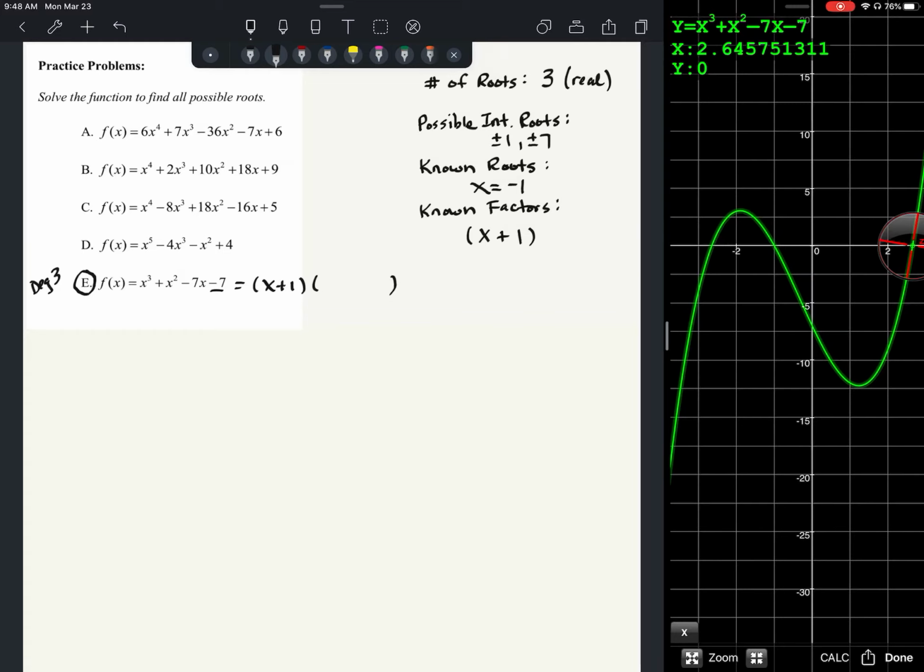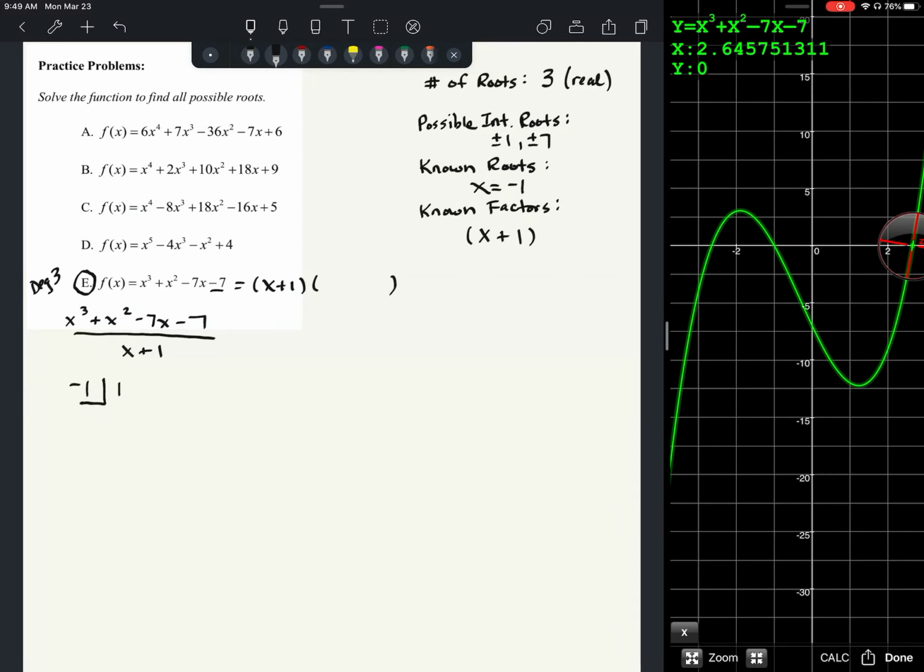Let's break it down. So let's do our x to the third plus x squared minus 7x minus 7. We're going to divide it by x plus 1. I'm going to use synthetic division again. So -1 is our root.